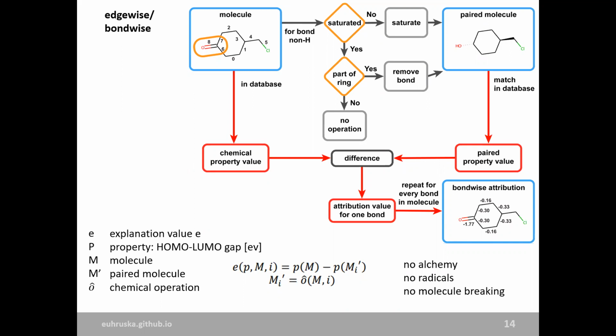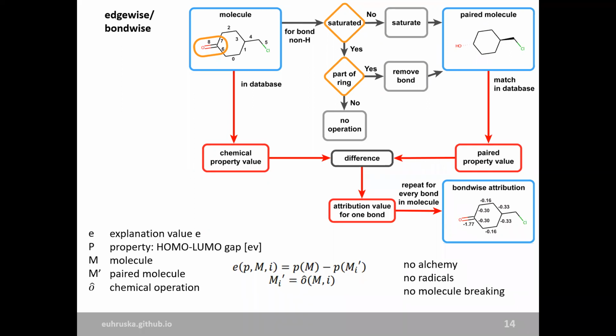The decision tree is also that if the bond is not saturated but is part of a ring, you can still break the bond, and the resulting molecule is still a valid molecule because the ring still keeps the molecule intact.